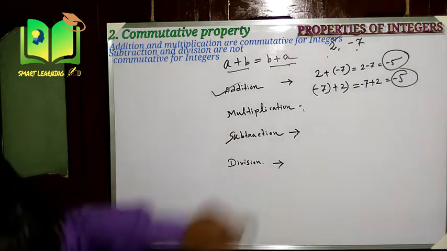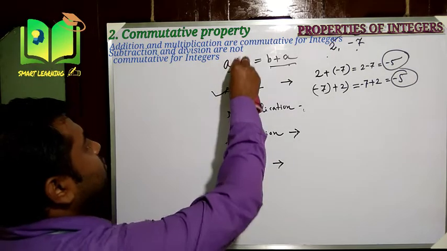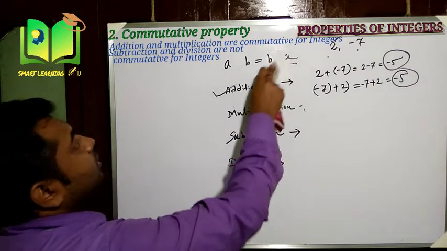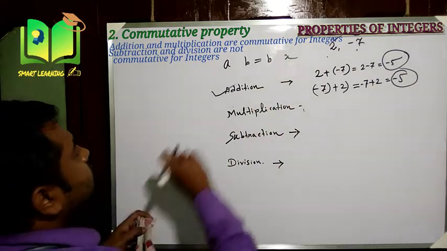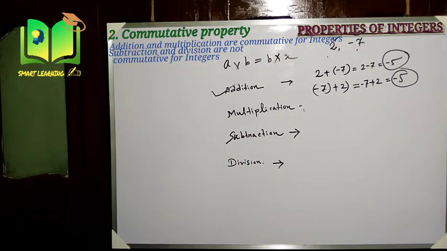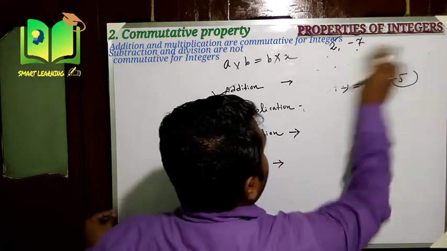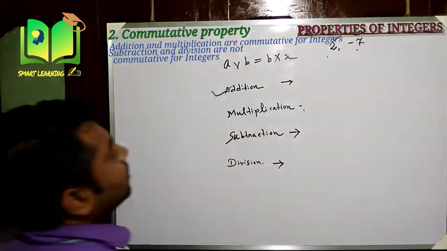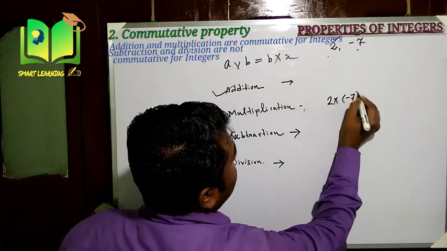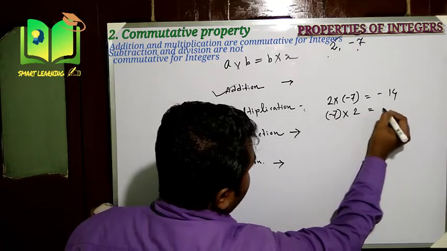See the next example. For the case of multiplication, we have to show a into b equals b into a. So let's start. First you multiply a into b, 2 into minus 7 equals minus 14. Then minus 7 into 2, again minus 14.